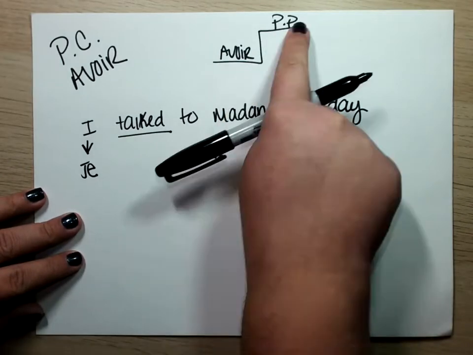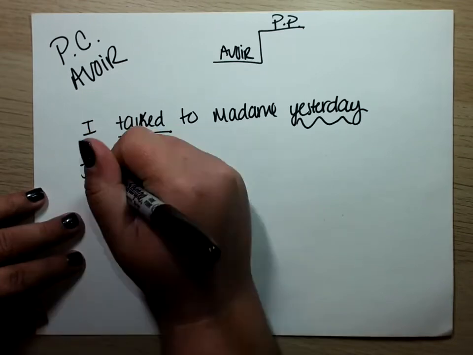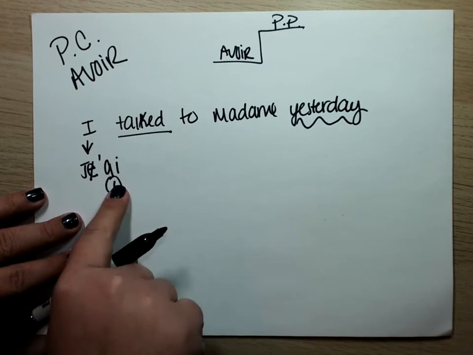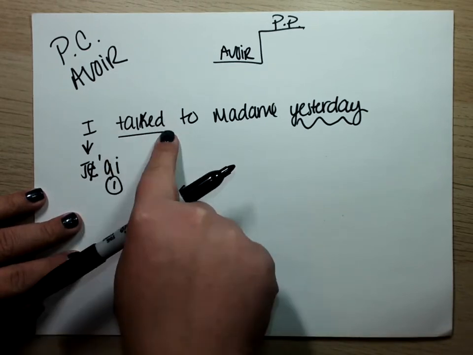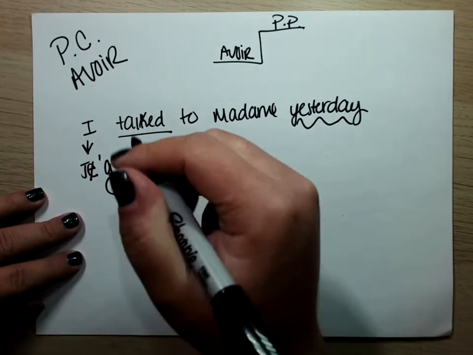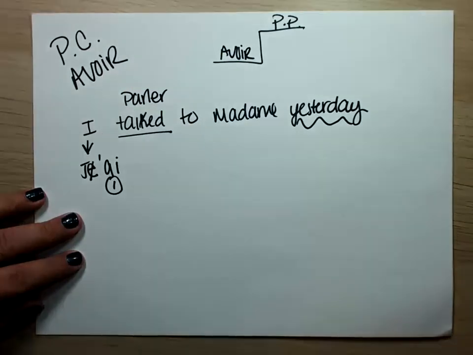So that first step is going to be my avoir, so I'm going to get rid of my E, add an apostrophe, and it's going to be AI, so that's step number one. So j'ai, I had. Now we need this talked. So to talk in French is parler. So that is the verb parler, which is an er verb.